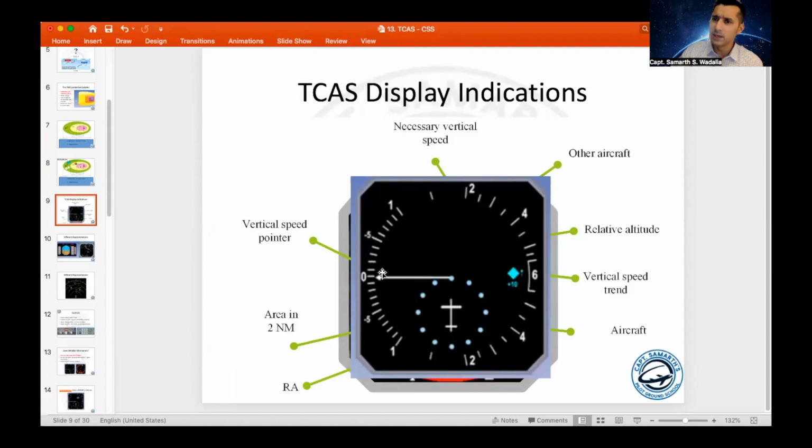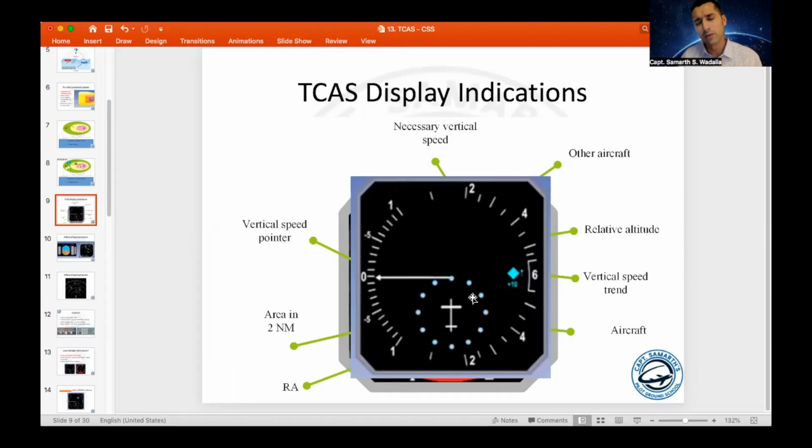It has a vertical speed indicator scale. It has a needle, and it has your aircraft in the backdrop. This is a black LCD display. It has your aircraft in the backdrop, and it has some targets around your aircraft. If the going is good and you are flying your airplane and the targets are at bay, there is no threat per se.